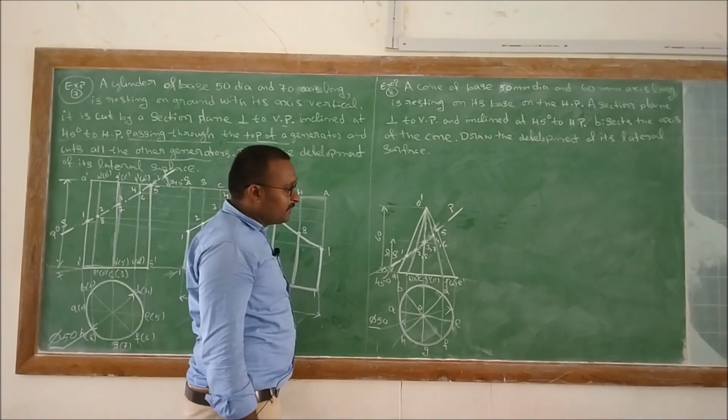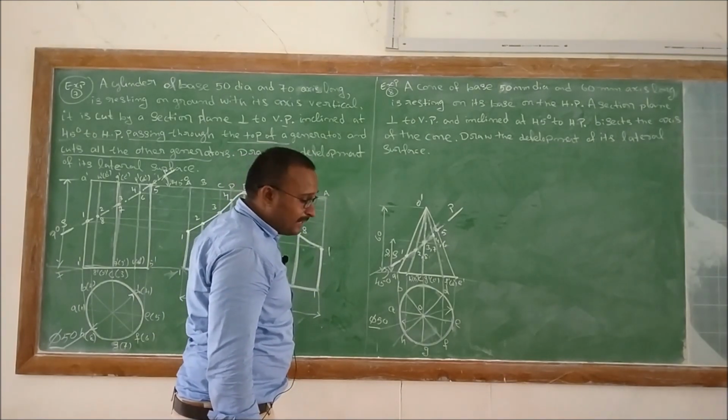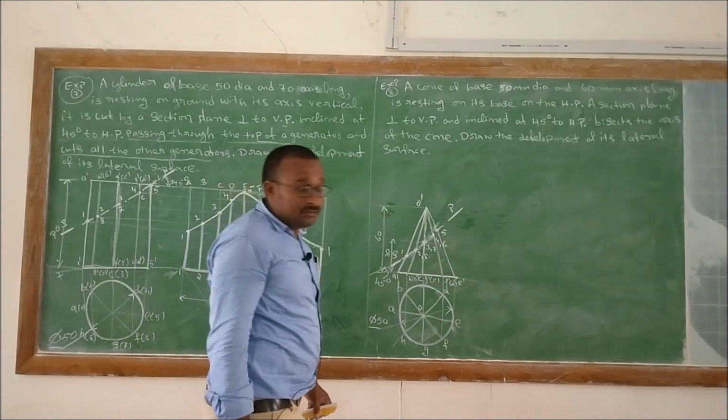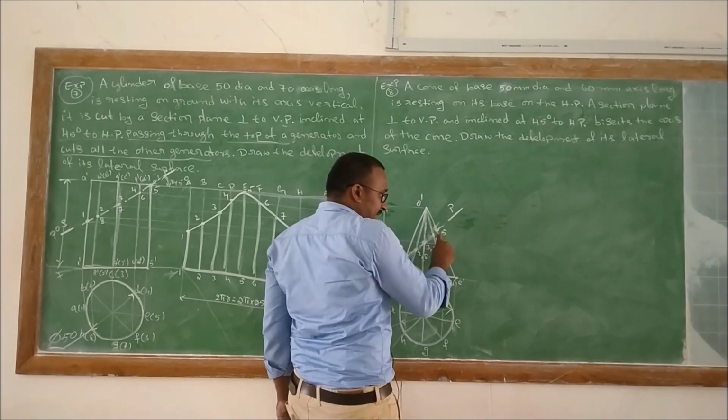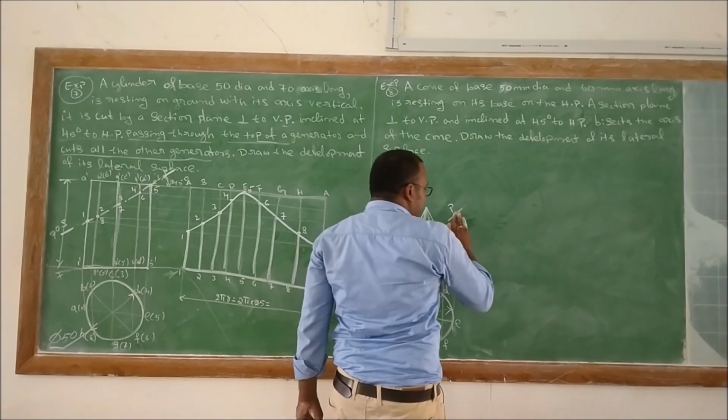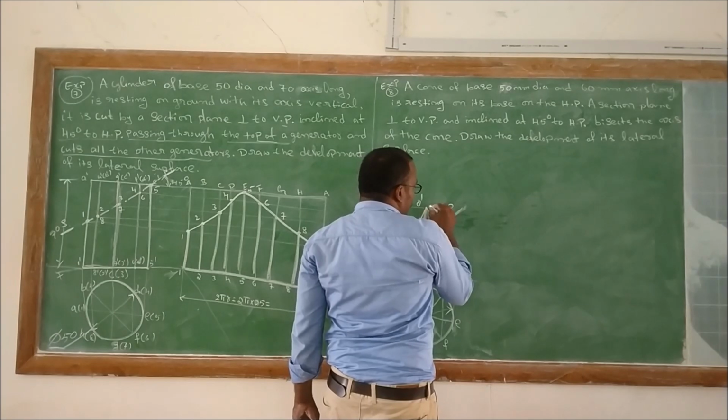Right? Mark all of them with the same line, and then here we are going to start with the distances. Right? So exactly which is equal to that particular line.